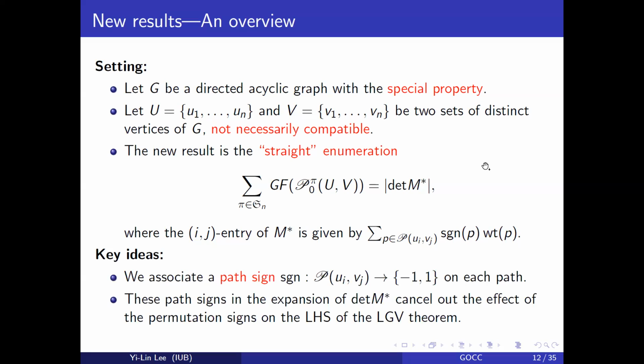So the key idea is that we associate a path sign to each path on the graph. It's just plus or minus 1. And the upshot is that this path sign, in the expansion of the determinant of M star, cancels out the effect of the permutation sign on the left-hand side of the Lindstrom-Gessel-Viennot theorem. So that's the key idea.